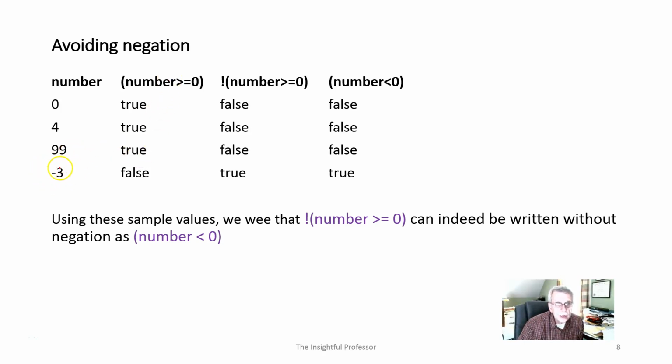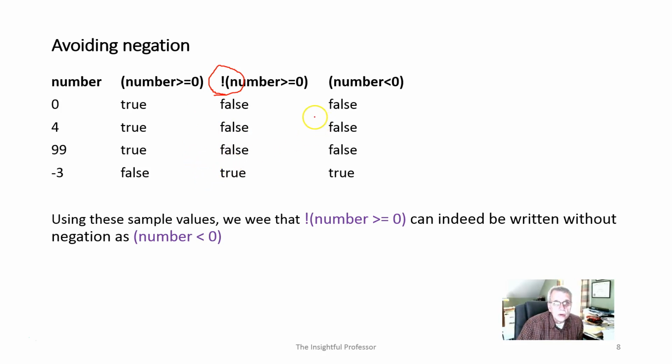But notice for -3, number greater than or equal to 0 is false. Now, let's use the negation operator. Same expression, except we precede it with the not operator. So notice we simply toggle the values. True becomes false, false becomes true. That's a way to think about it.